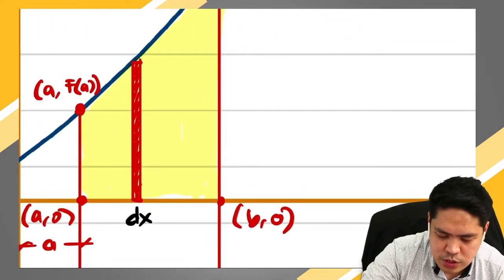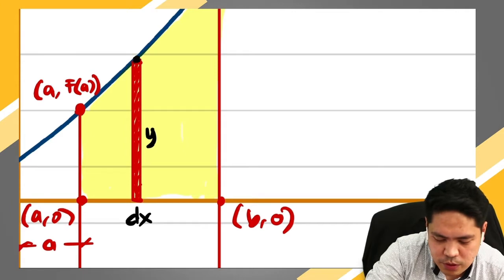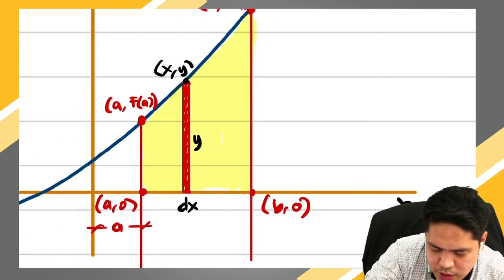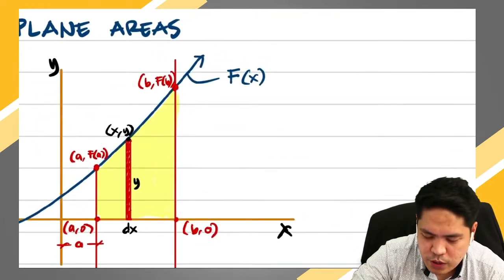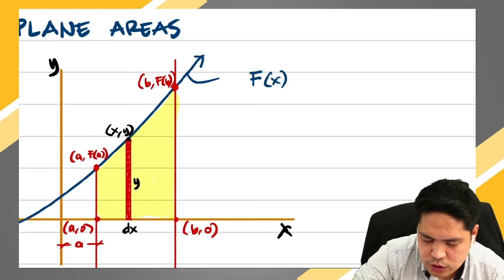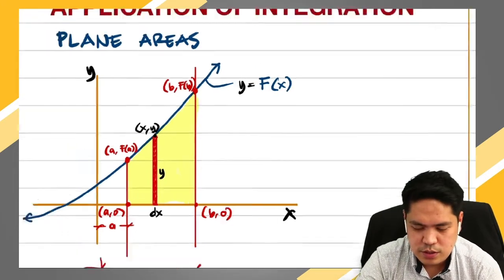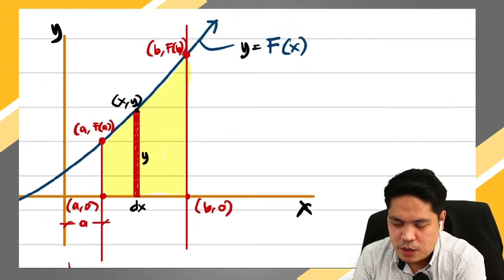Then, of course, this would be y, right? Because this point is (x, y). This point is (x, y). That is a point on the curve. And we know that for this function, if we define the function, that would be y equal to f of x, right? And that's very basic.